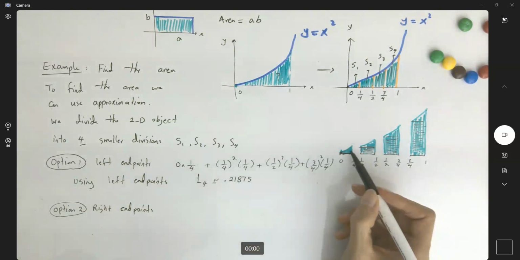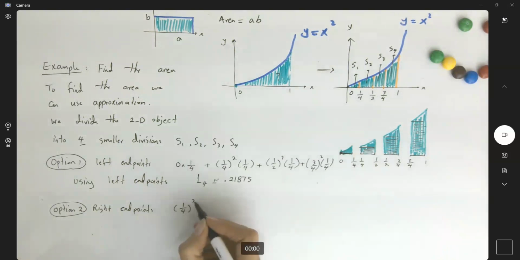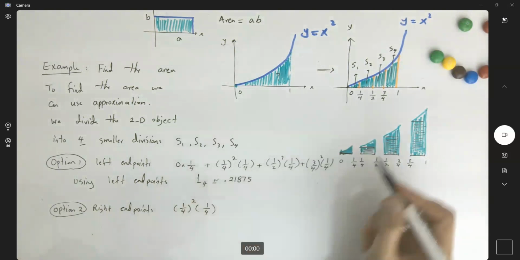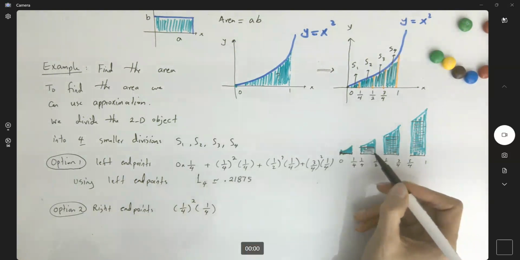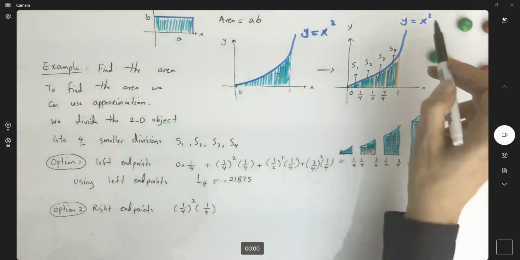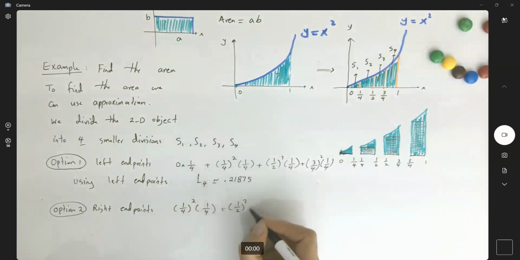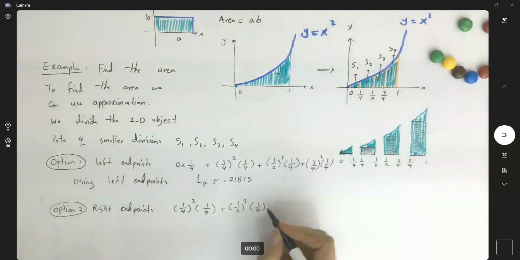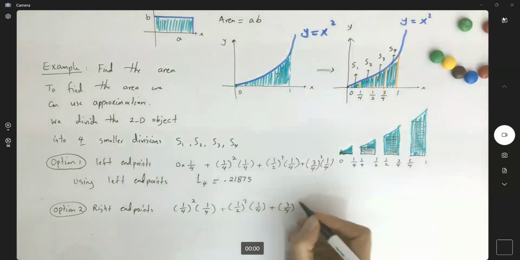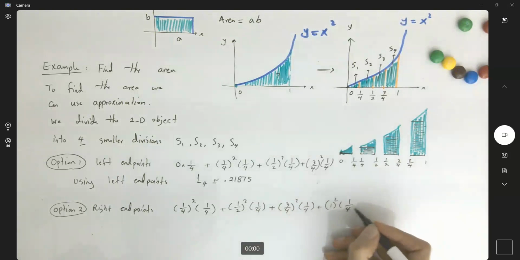If you use right endpoints, to find the first height you use 1/4, so 1/4 to the second times the length, which is 1/4, plus 1/2 to the second power times 1/4, plus 3/4 to the second power times 1/4, plus 1 to the second times 1/4.